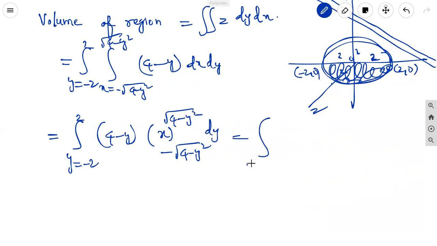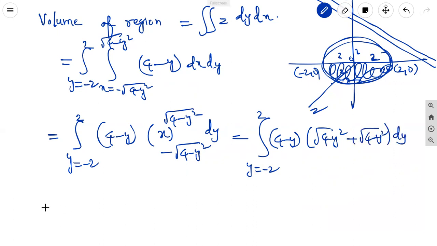It is equal to the integral from y equals minus 2 to 2 of 4 minus y times the square root of 4 minus y squared, minus minus plus the square root of 4 minus y squared, dy. It is equal to the y limits from minus 2 to 2 of 4 minus y times 2 times the square root of 4 minus y squared.